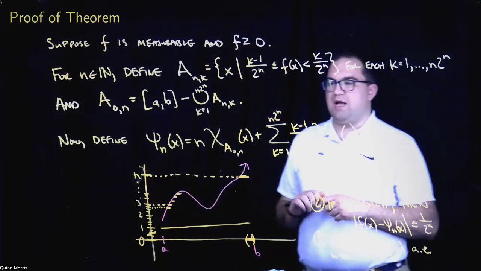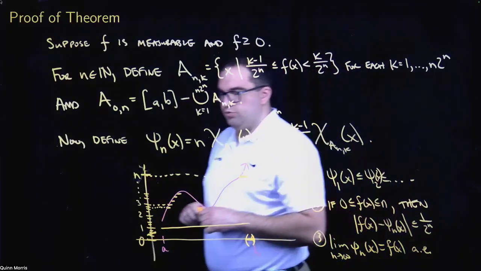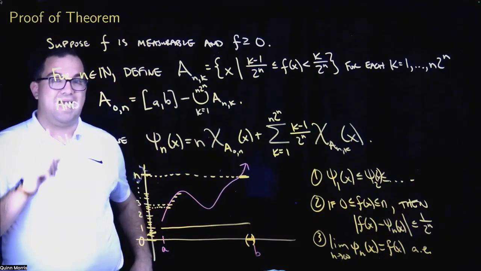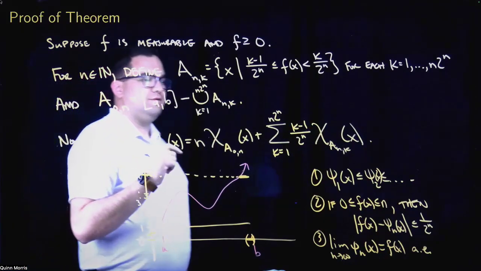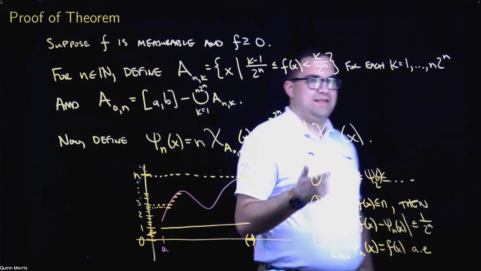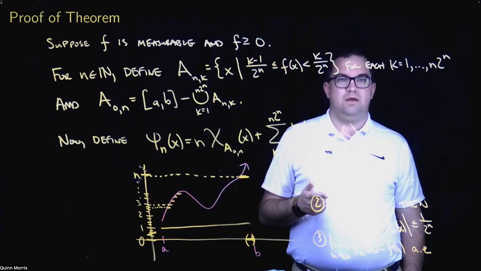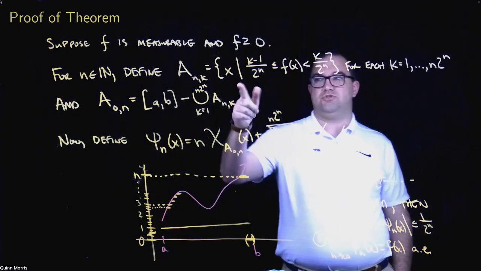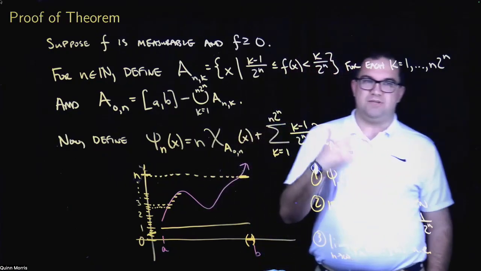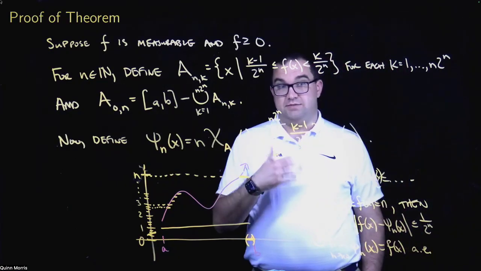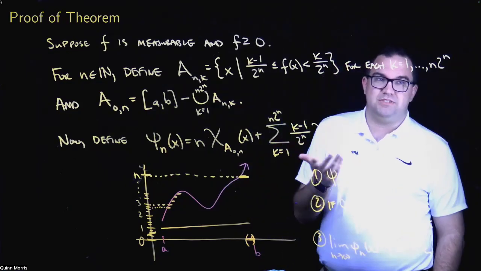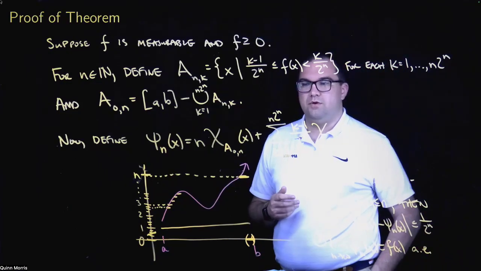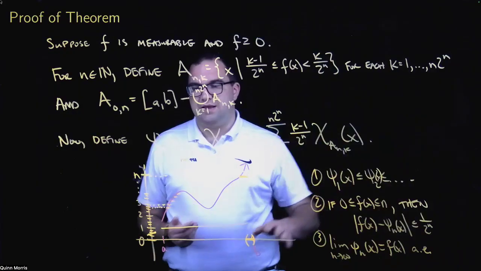It's possible that at these break points you aren't getting convergence. However, there are at most countably many of them. And so the set on which it doesn't converge is just these breakpoints, which has measure 0. I was going to say measure at most 0, but it's measure 0.